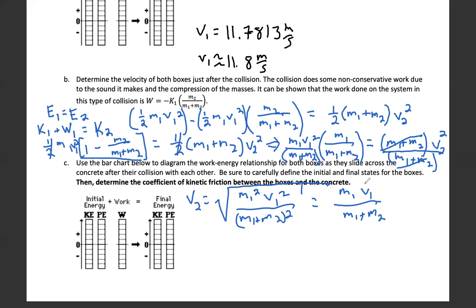which is the same result Mr. Woodward had. So we can see that v2 equals m1, which was 15 kilograms, over 15 plus 9 kilograms. That cancels. And then v1 was 11.7813 meters per second.